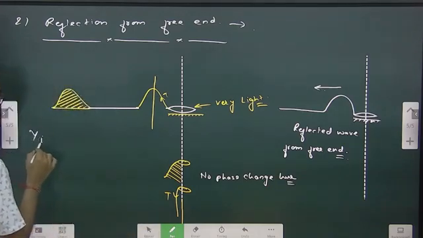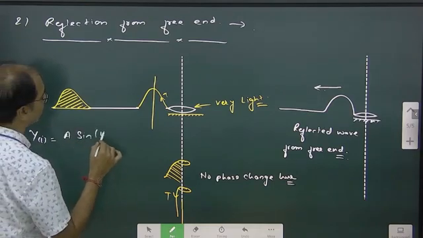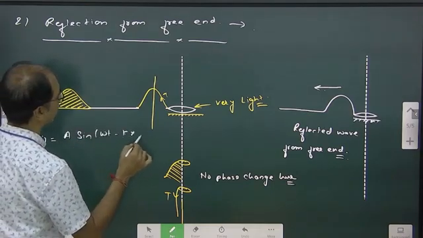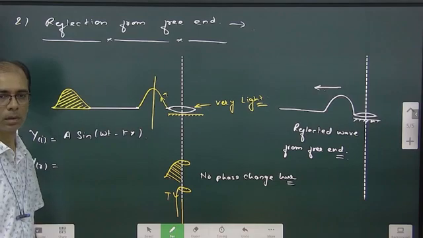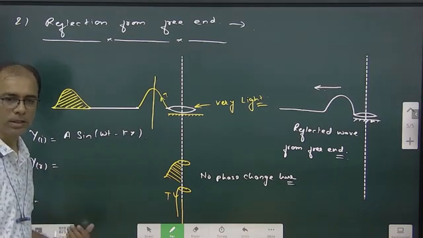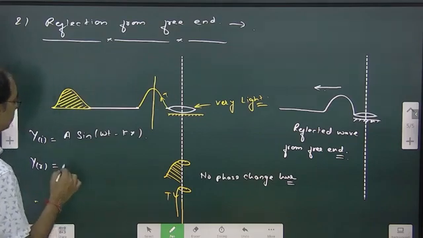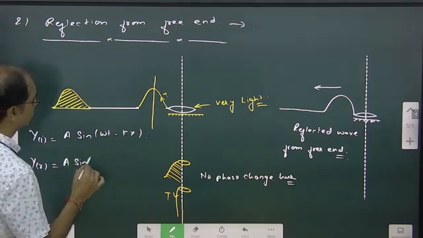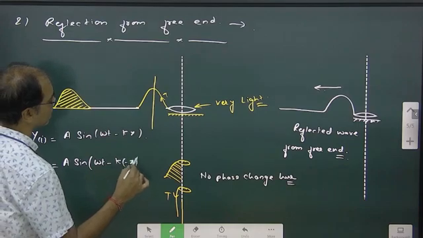Now suppose in this case the incident wave is A sine omega t minus kx. If I ask you to write the equation of the reflected wave, what will you do? Same as what we did in the previous case, only we are not going to add pi. Everything else is the same. A sine omega t minus k, direction is minus x.